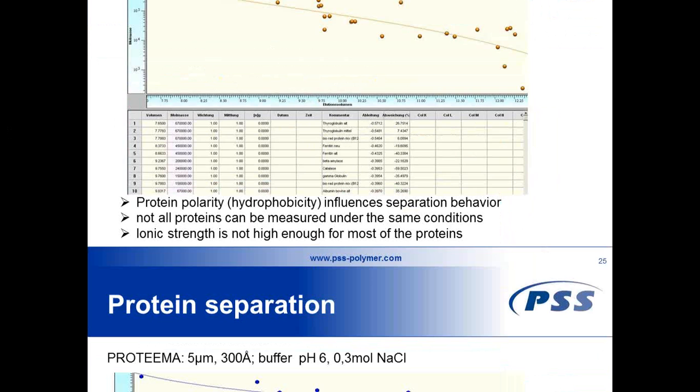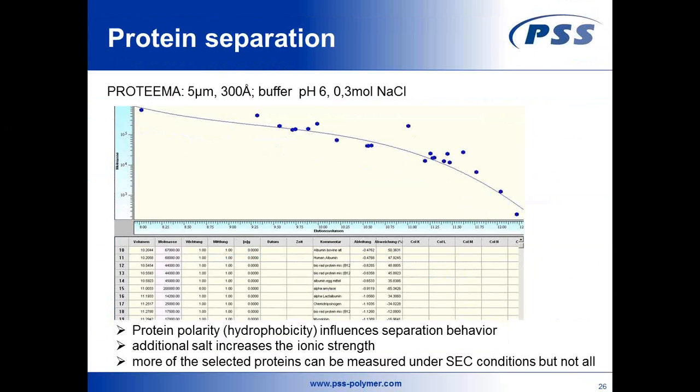What we did next, we increased the ionic strength by adding 0.3 molar sodium chloride, and suddenly the calibration curve starts to look more like an SEC calibration curve, and more of the proteins start to elute according to their size, and not according to any kind of interactions. So it goes in the right direction.